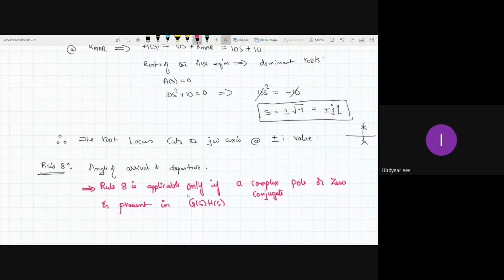All poles are real in nature and there are no zeros. So for this problem, it is not applicable. Hence, you can ignore it. I'll solve a problem maybe in a future class wherein you may have to apply rule 8. That time, let us discuss.